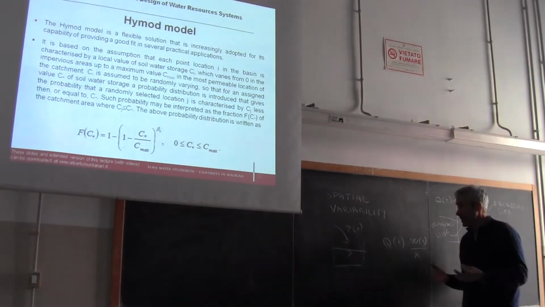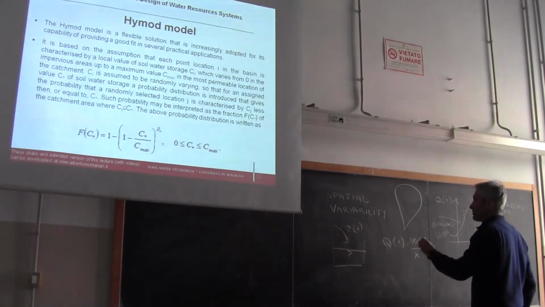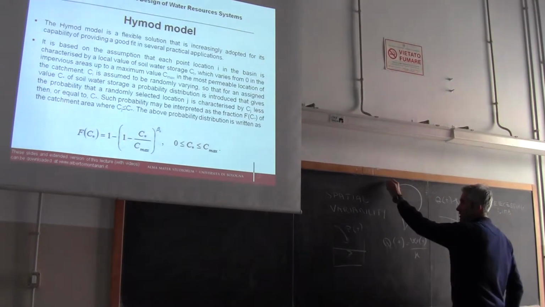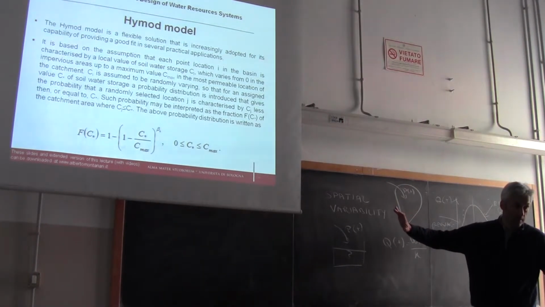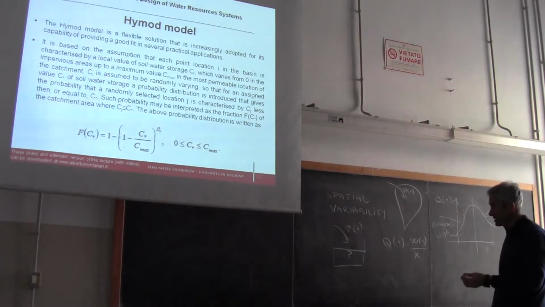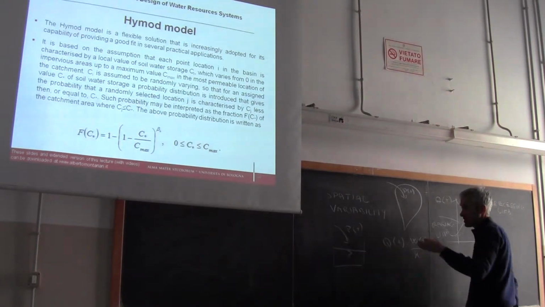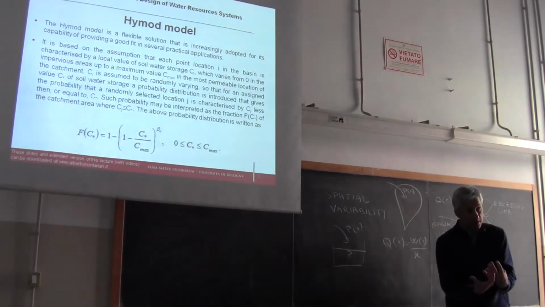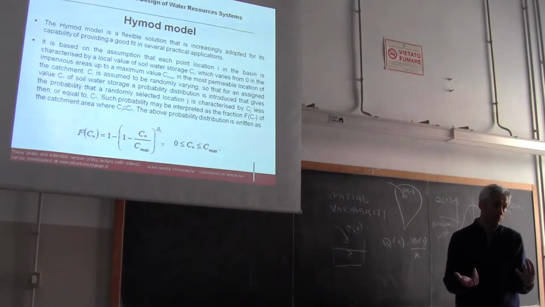Indeed, if you look at the complexity of a catchment, let's assume that rainfall is spatially constant, so let's neglect the rainfall variability in space, but still you may have areas in the catchment that absorb rainfall completely and areas that are not absorbing.